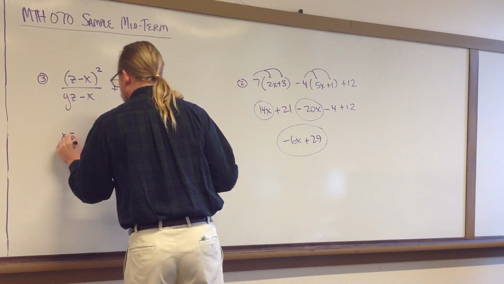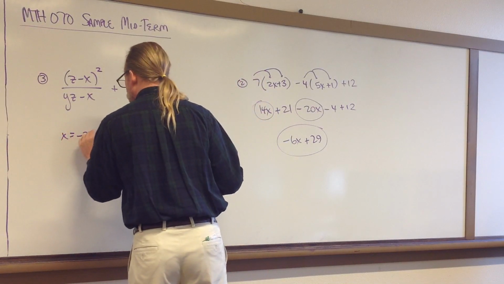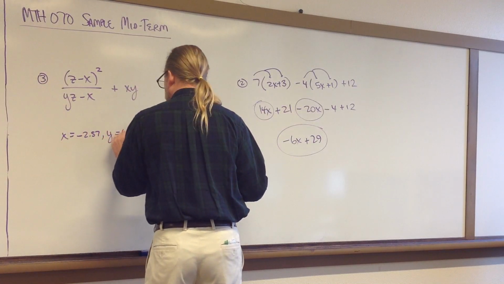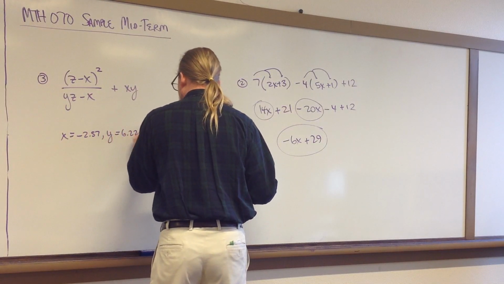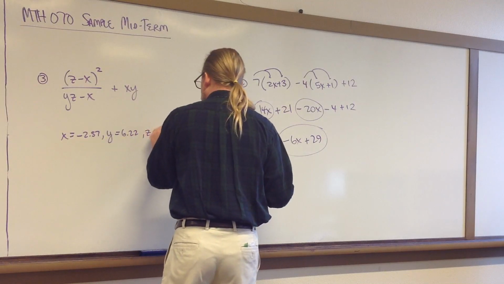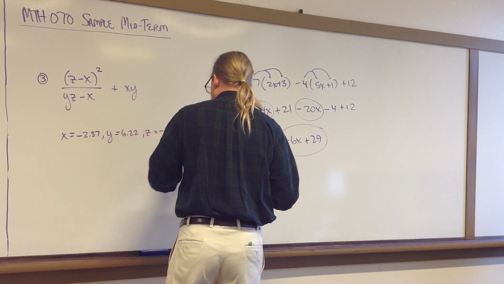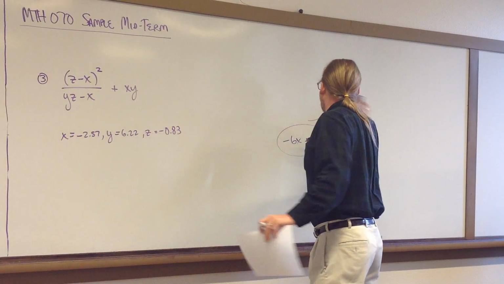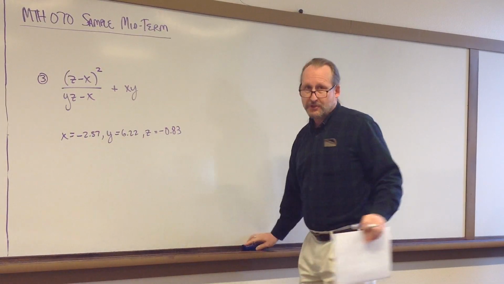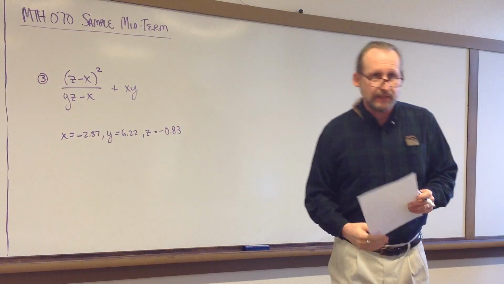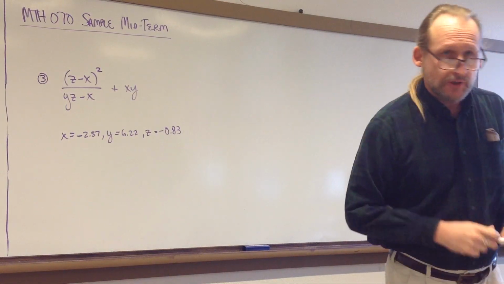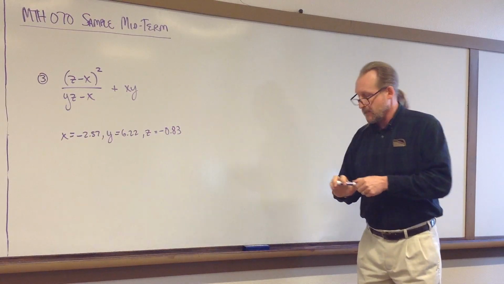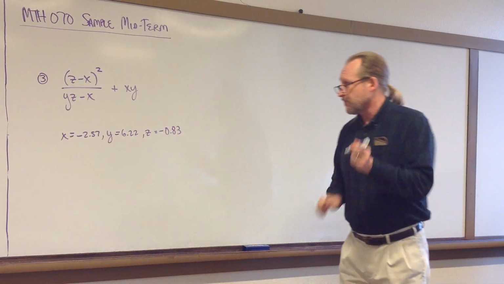And we've got values for x, negative 2.57, y is 6.22, and z is negative 0.83. Okay, now I think it's a good idea to compute these things in pieces rather than trying to enter that into your calculator all at once. Okay, so that's how I'm going to approach this.